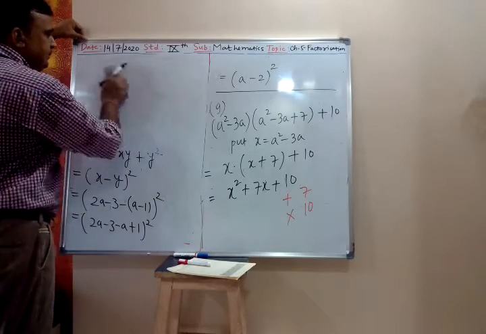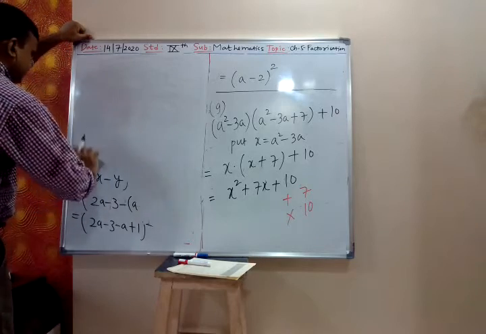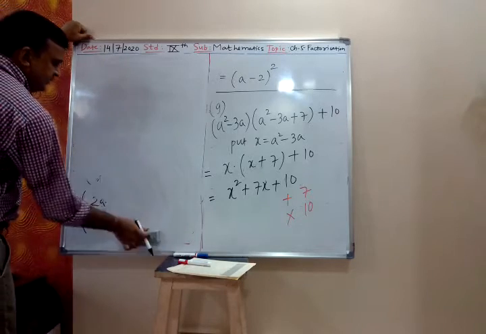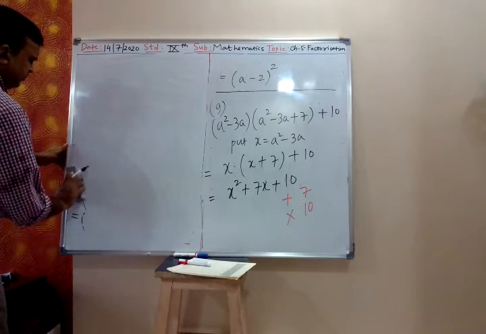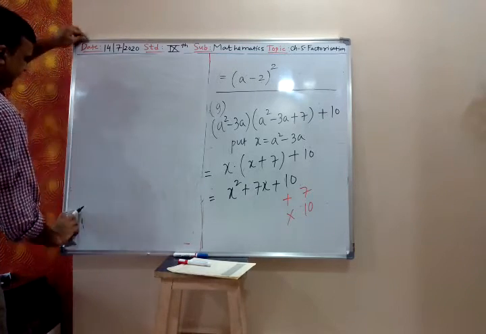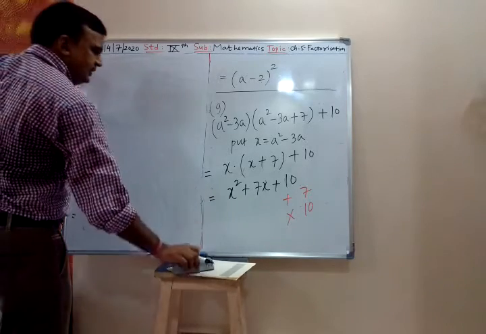So plus 5 and plus 2. How will you take minus 2? Plus 5 and plus 2. When you add, you will get plus 7. When you multiply, you will get plus 10.